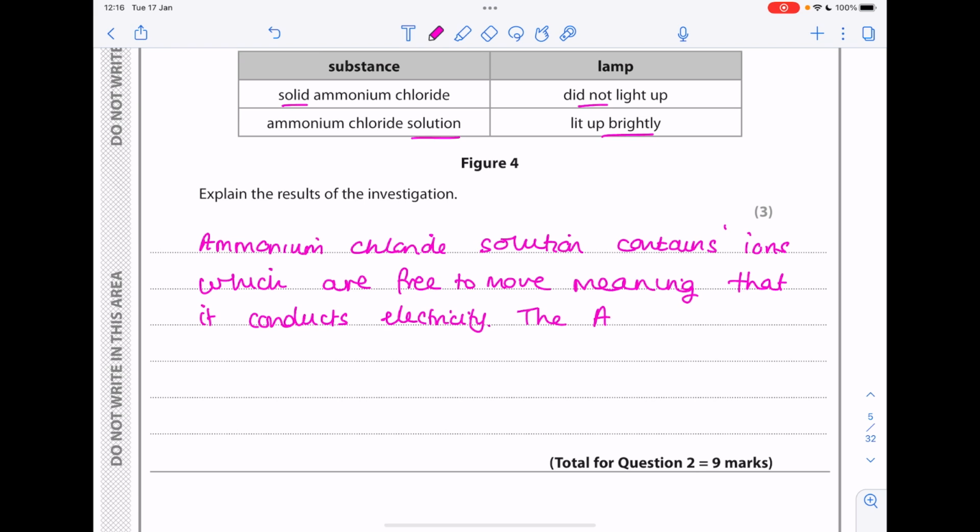The ammonium chloride solid has no free ions. And therefore cannot conduct electricity.